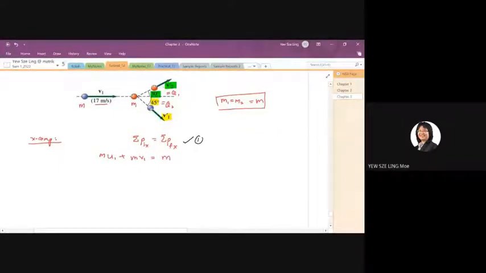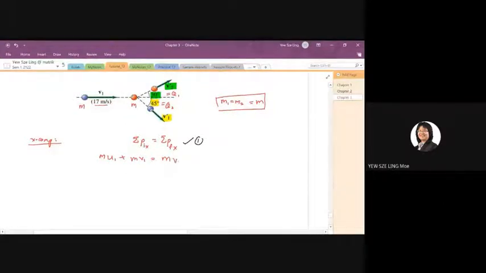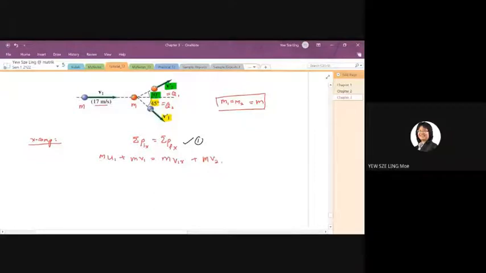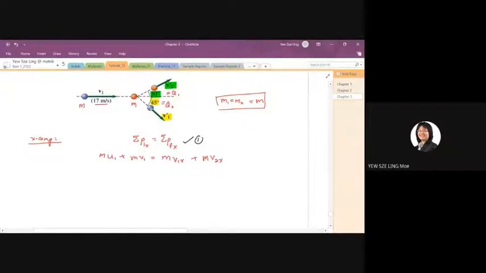Now, if you look at my diagram, what I have here is an object moving at an angle, therefore V1x plus M V2x. Before I expand these equations, the reason why the question gives you the information identical is because it wants you to cancel out the m from the equation.